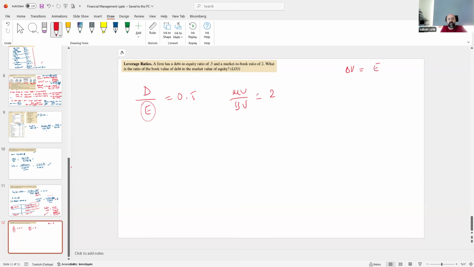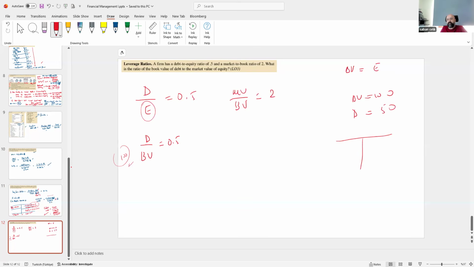So debt to book value is 0.5. So if I say book value is 100, okay? So if book value is 100, remember, this is debt, this is book value.